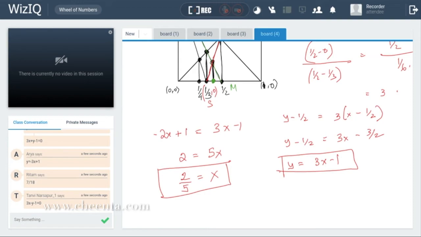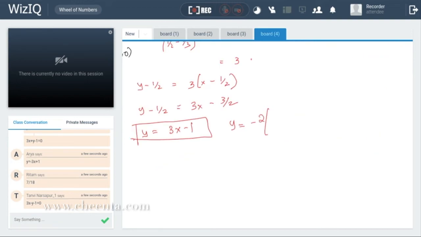So the x coordinate of this point is 2 by 5. What is the y coordinate? y is equal to negative 2 times 2 by 5 plus 1, so negative 4 by 5 plus 1.